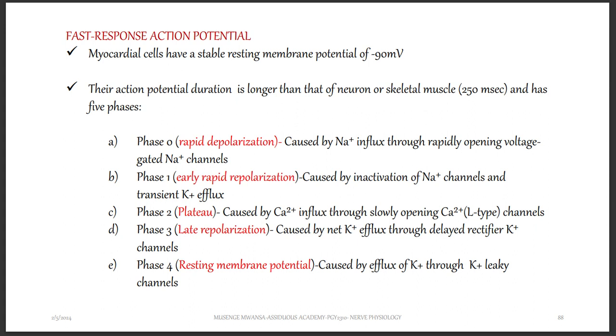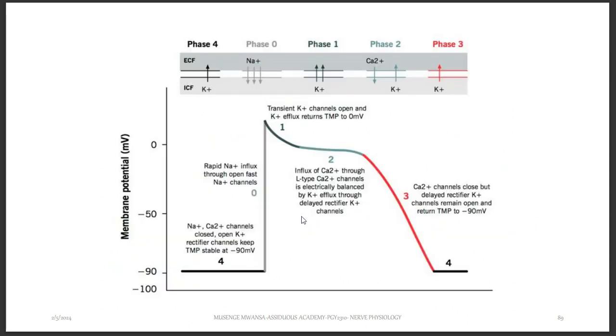And then you have phase 1, which is early rapid repolarization. When the sodium channels become inactive, the cell begins to repolarize because potassium channels become active. You also have the plateau phase, which is phase 2, caused by calcium influx.